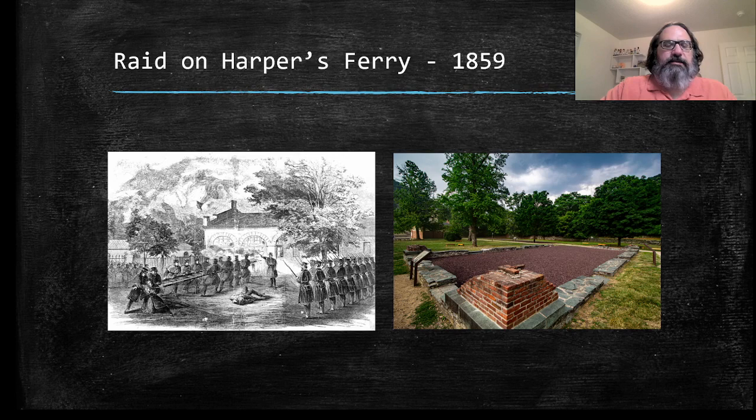Here's John Brown, who leads his sons and others in this raid at Harper's Ferry, where they essentially take over the armory, which they do, and create a slave revolt where they're going to arm the slaves and have them fight against their white owners. And this is something that slave owners had feared for generations.